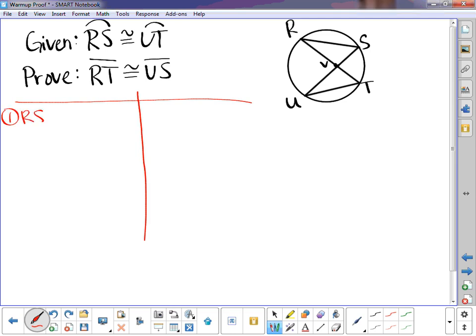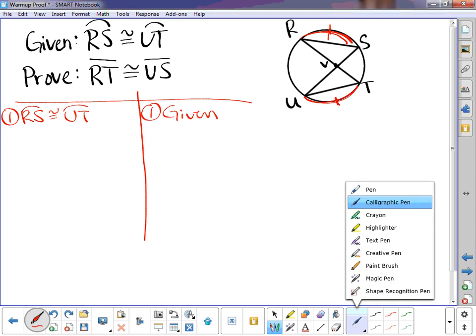Okay. Start off with the same given. Now you can write this down or you can just watch, whichever you feel like. Alright, so we are given that RS is congruent to UT. And if we look at it, you guys said that congruent chords have congruent arcs, right?